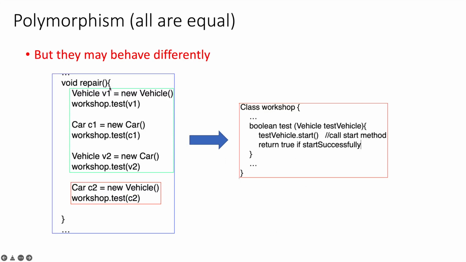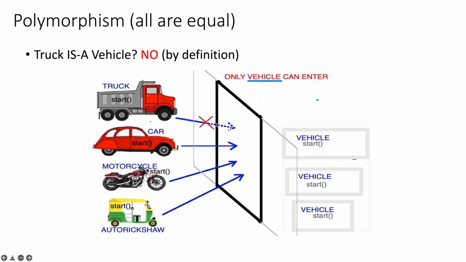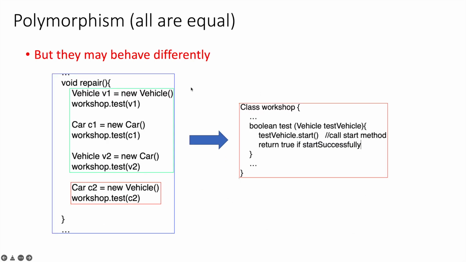Now, if you find here that this is a client class, and this class is going to use the functionality of a workshop. What they do is, first they create something called a vehicle and pass it through. Suppose in this diagram we send some vehicle, will it pass through? Yes, because vehicles are allowed. So vehicle v1 equal to new vehicle, again treat this as pseudocode.